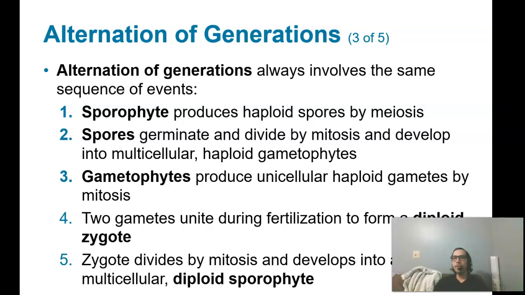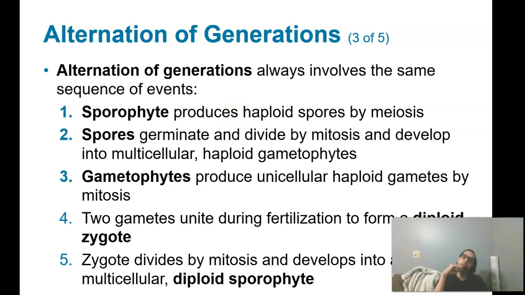So we start with the sporophyte, which is the one that produces the spores, the haploid spores. Okay, and that's done through meiosis because the sporophyte is always diploid. And since you're going from a diploid to a haploid, you're changing the number of sets of chromosomes. So that's only done by meiosis.